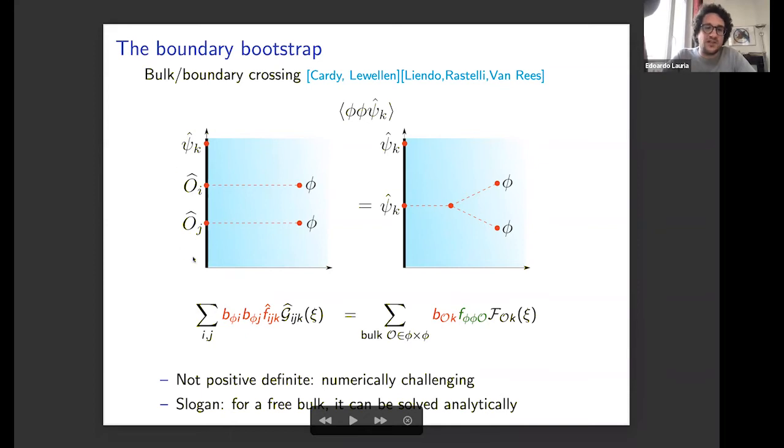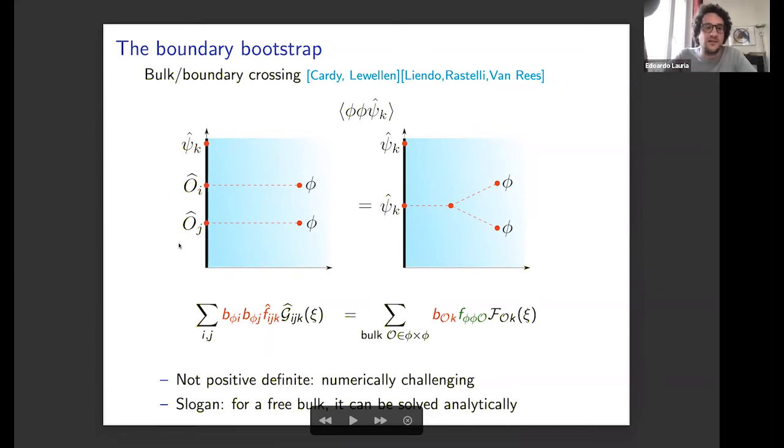In the so-called boundary channel, you can trade this three-point function for an infinite sum of boundary three-point functions between all the boundary modes that can appear when you push phi to the boundary and this external operator that you are taking. So I'm pushing phi to the boundary and I find infinitely many boundary modes of phi. These are labeled O_i, and then I take the three-point functions.